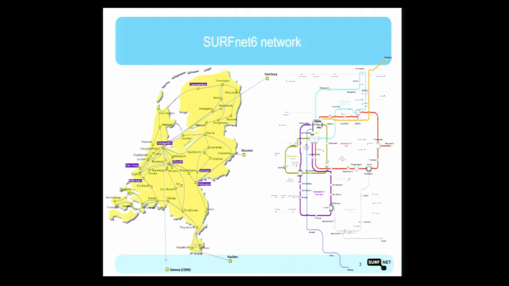So the first layer is our fiber infrastructure, which is based on leased fibers from different fiber suppliers. Currently, we have about 11,000 kilometers of fibers, quite large. And on top of that, we put either a WDM system or a CWM system just to optimize the use of the fiber capacity.